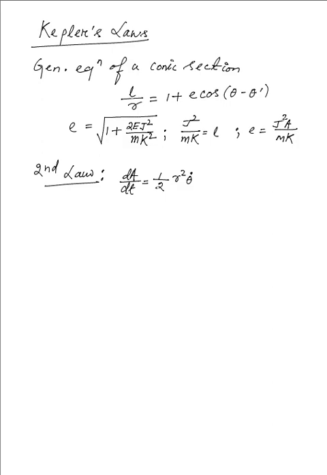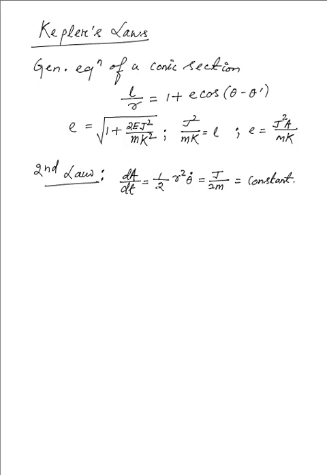At exactly 35 minutes into the video, I had asked you to take a note of that expression, because that is what we are coming up to, since this value is constant, and that is what the second law is all about.